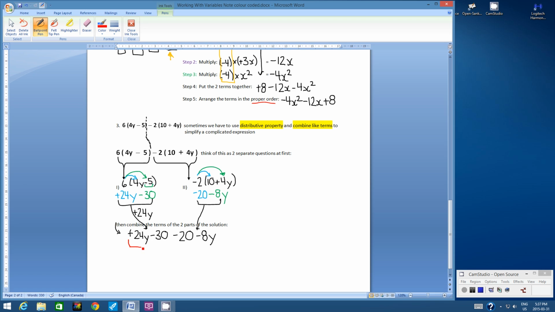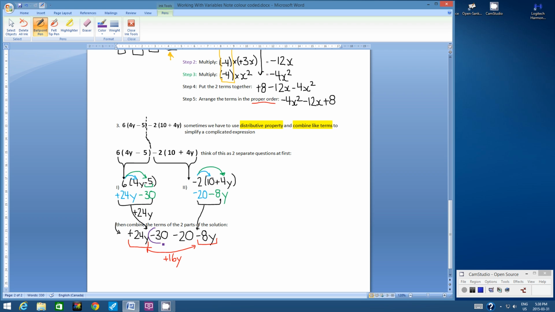Now, if you remember from our note in part A, let's identify the common or like terms. So we have a positive 24y, and then we have a subtract 8y. So what is 24 subtract 8? Hopefully you said 16y, and this is positive. Now, let's look at our numbers.